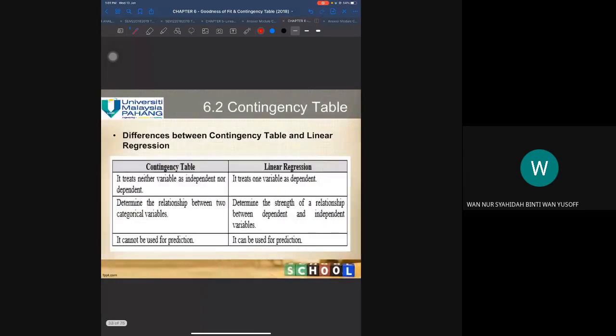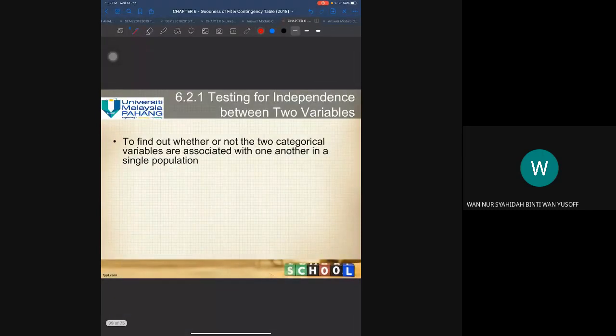This one you can read on your own. For this contingency table, it doesn't matter which hypothesis you have, independence or homogeneity, the procedure is similar. The difference is in the first step and the last step, the hypothesis and the conclusion, because the conclusion follows your hypothesis.